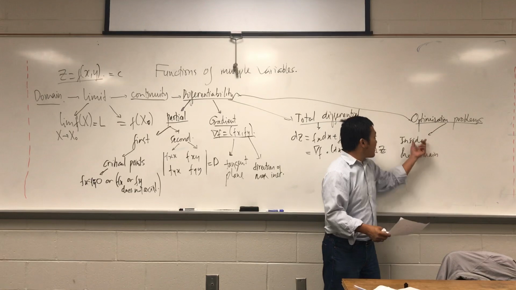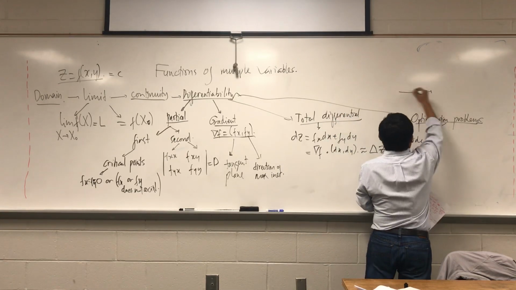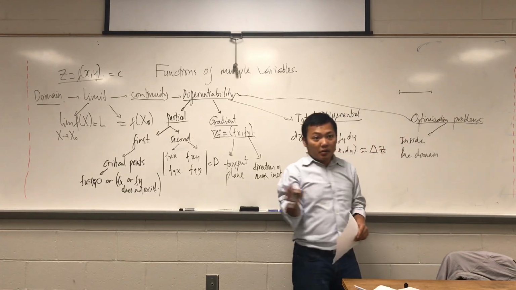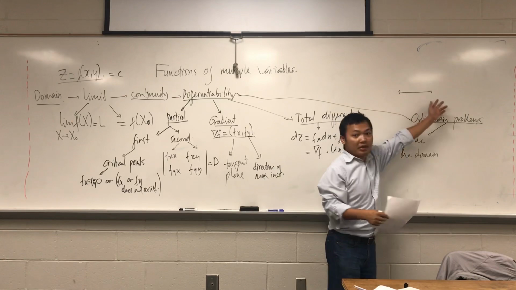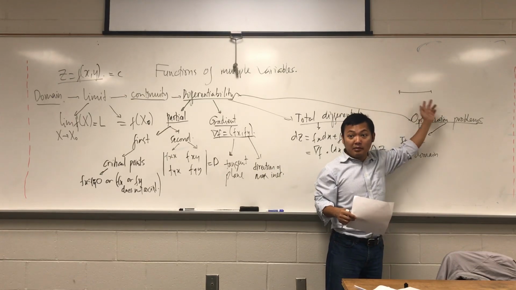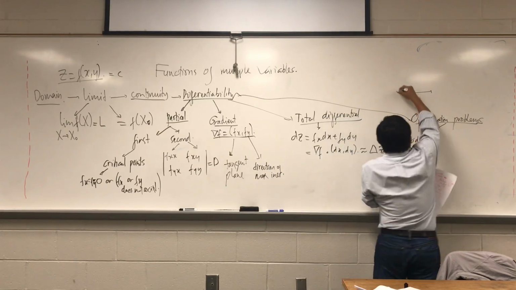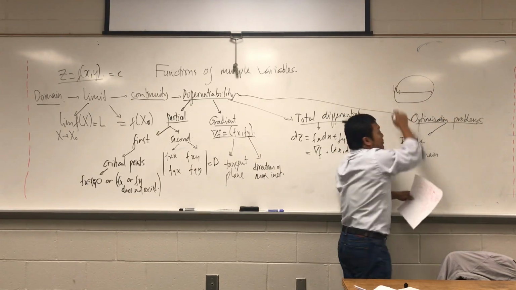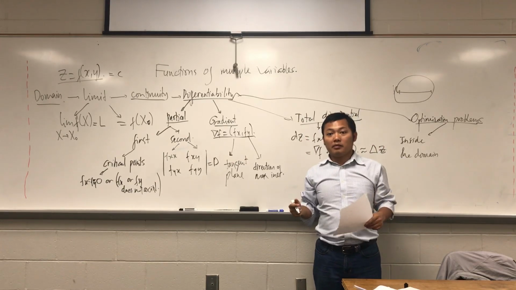But the problem is, in calculus 1 you consider an interval, and you have only 2 endpoints, so you can compare function values at the 2 endpoints and pick the maximum and minimum between them. But if you have a function of 2 variables, your region looks like this, and the boundary is a curve, so you have infinitely many points over there.